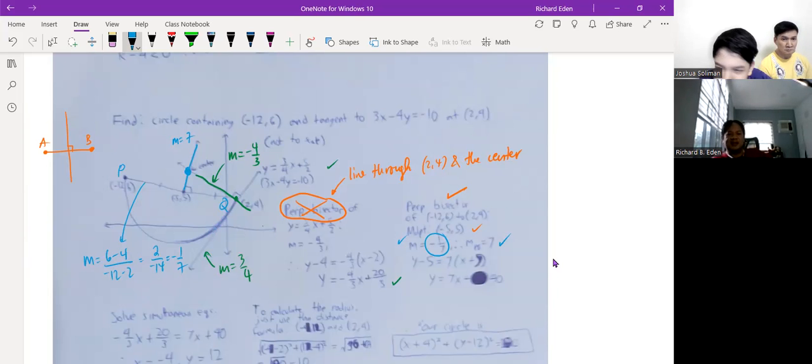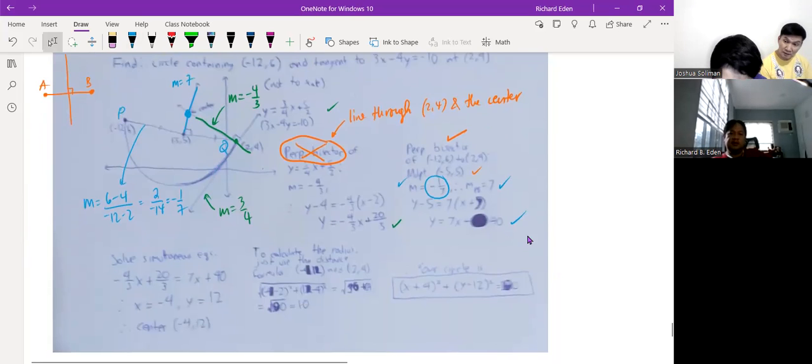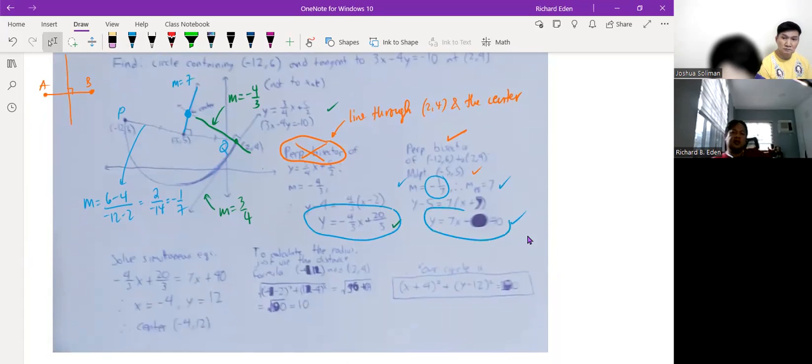Okay. Sige. Y minus 5, and then x plus 5, 7, 7x, 35 plus 5, 40. And then, all right. So now the center is contained in both these lines.